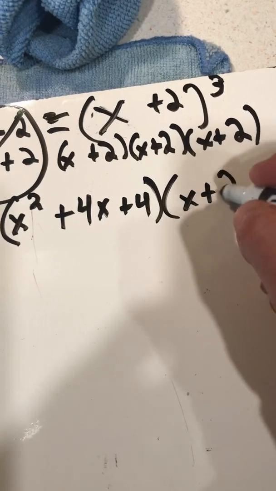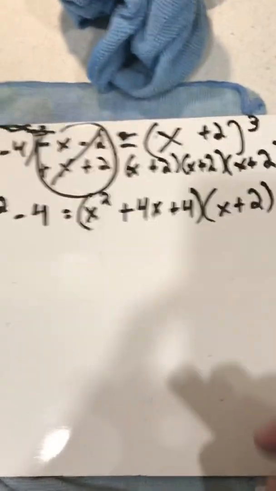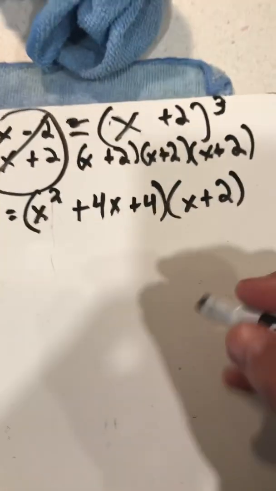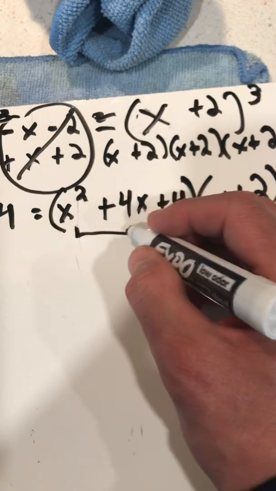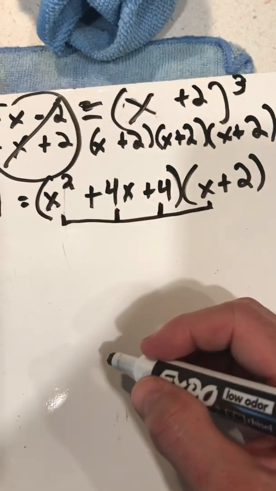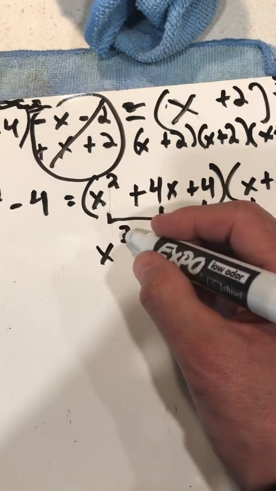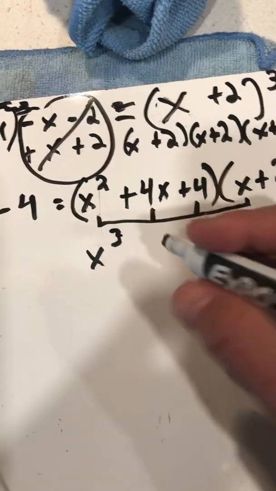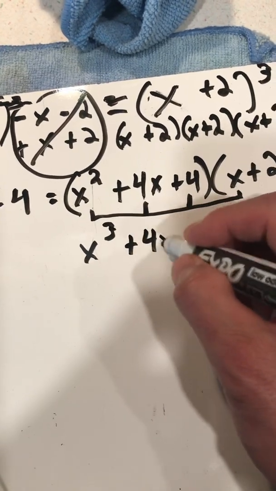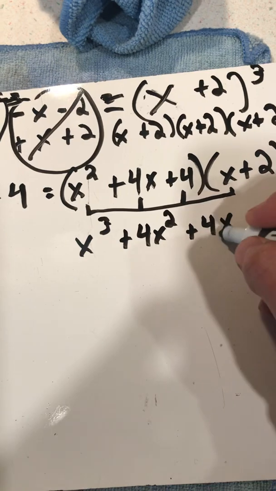Now it's times x plus 2. Even though it's on the back side, we can still FOIL it to each term in the second set of parentheses. So first I'm going to do this x times each term. So x times x squared, x cubed. Excuse me. x times 4x, 4x squared. x times 4, 4x.